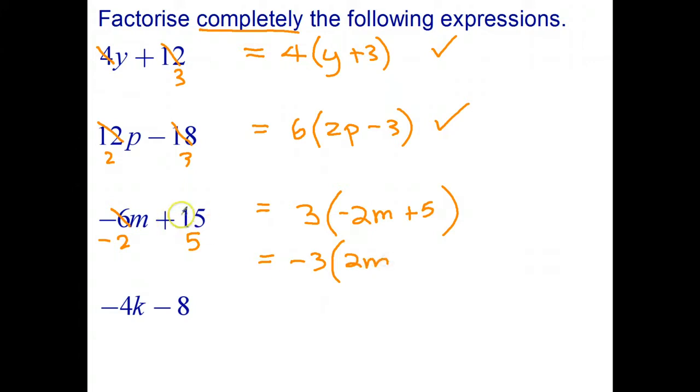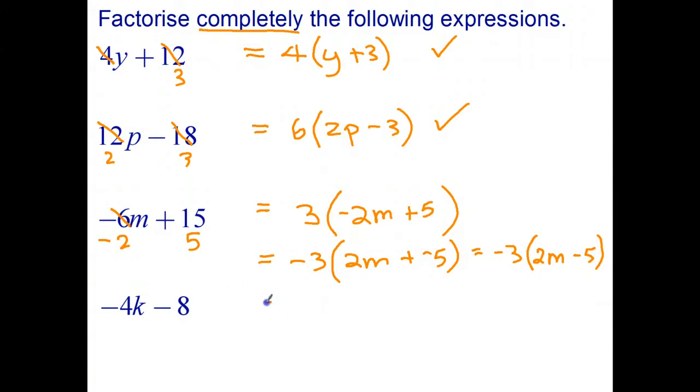If you're taking a factor of negative 3 out of 15, you actually leave a negative 5 in the brackets because negative 3 times negative 5 gives you positive 15. So if you're going to take a negative factor out, you've got to be very careful about getting the sign of that one correct. And of course, you could also write that as 2m subtract 5 if you wish.